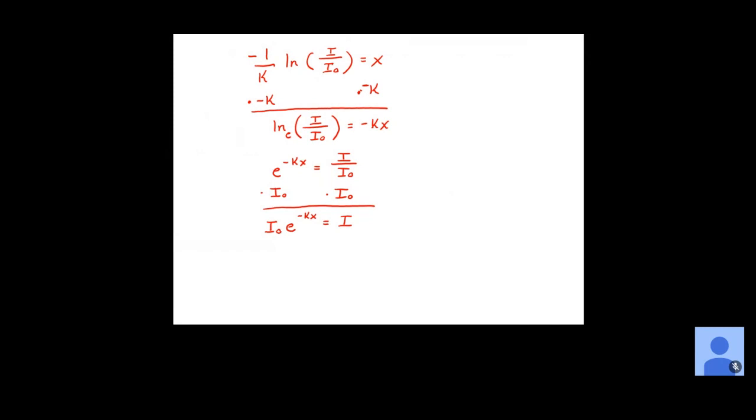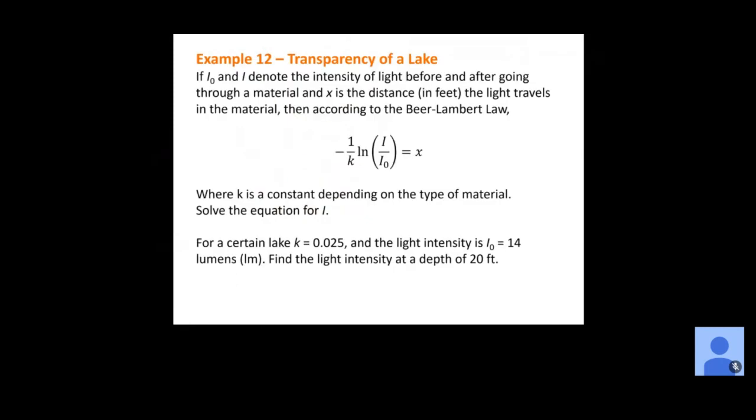All right. So now that we've got that, I'm going to go back to the previous slide. Okay, and it says for a certain lake, our K value is going to be 0.025. The light intensity is I sub 0 equals 14. So that's the initial amount of intensity in our light. We want to find the new light intensity at a depth of 20 feet. So now we have our K value, 0.025.